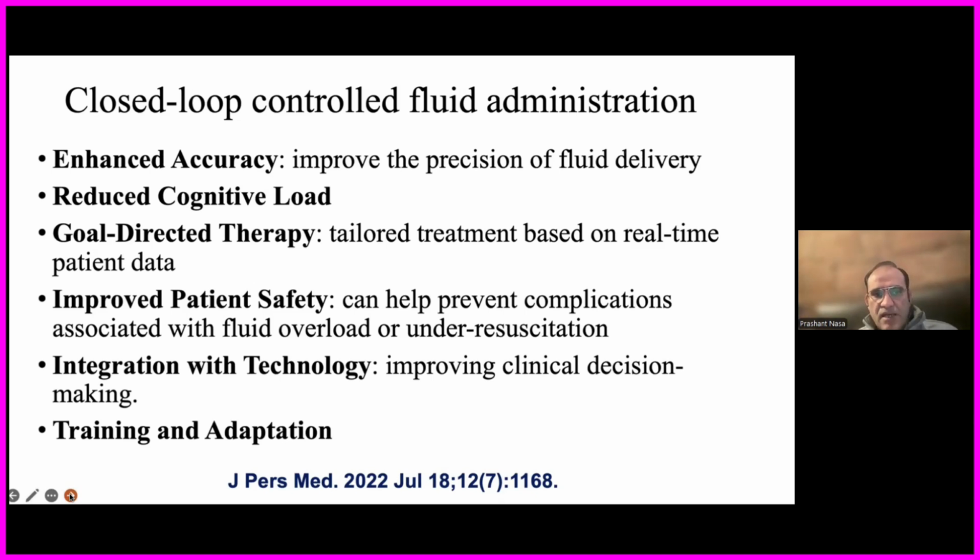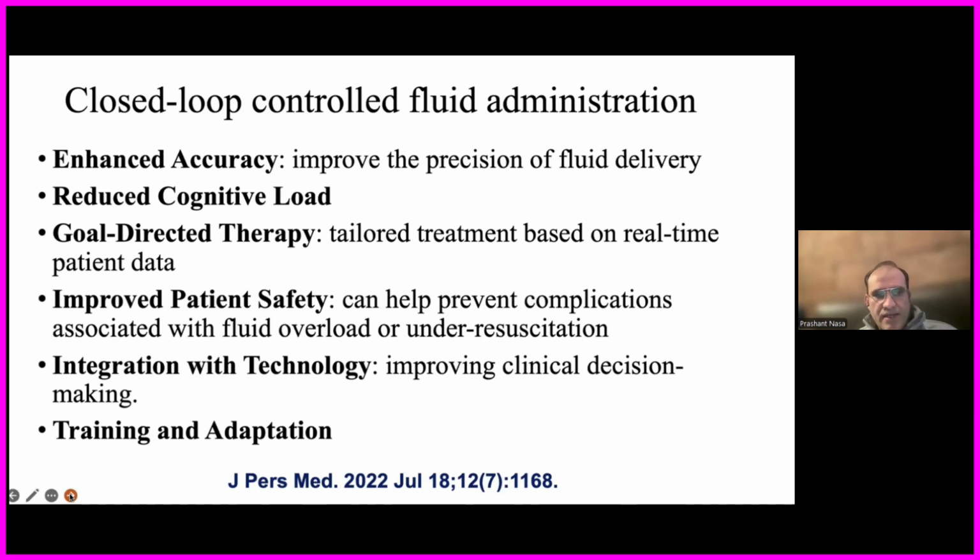And then you are setting up those goals, and that real-time monitoring of the data can be used to deliver goal-directed fluid therapy, which we really aim for these days. We are not managing fluid by looking at just fluid responsiveness, but ultimately looking at whether it is adding to improvement in the outcomes or worsening the harm.